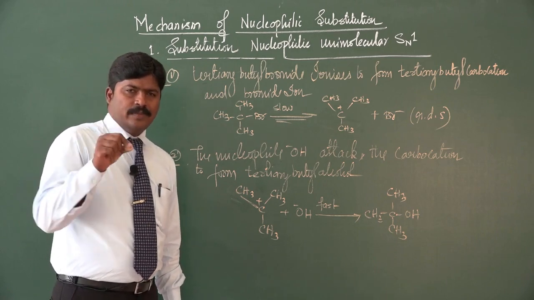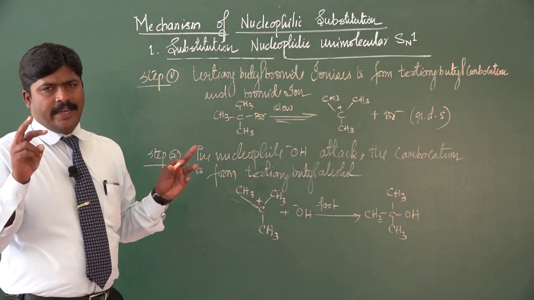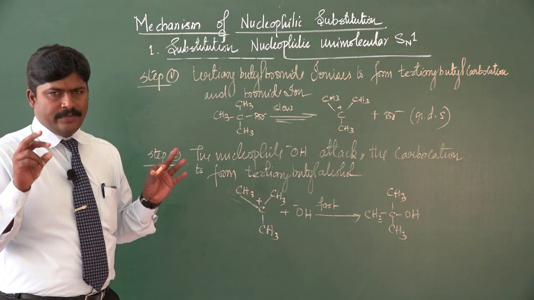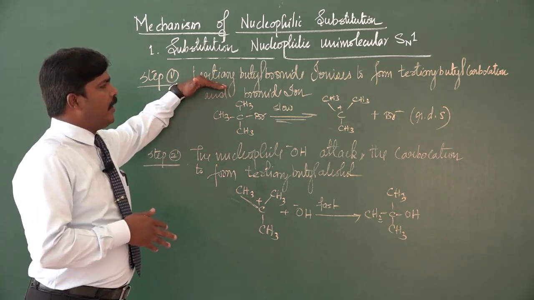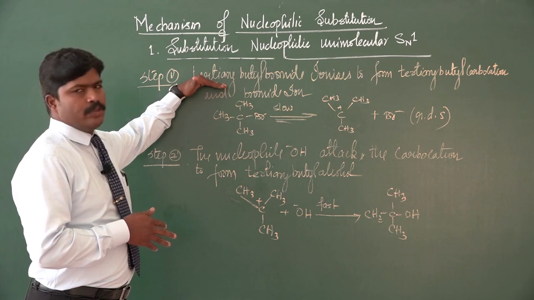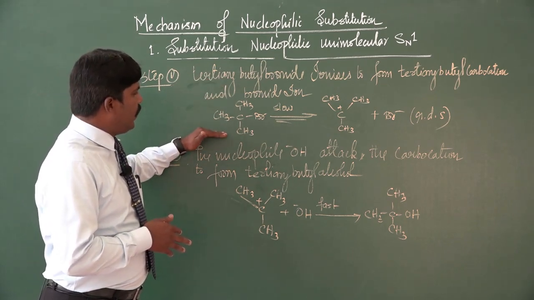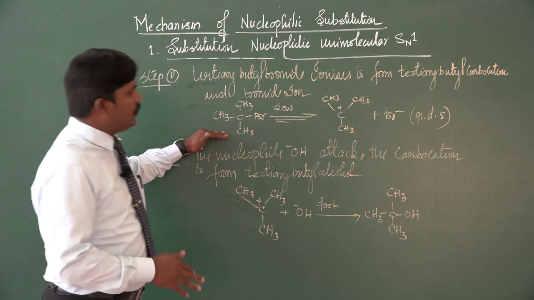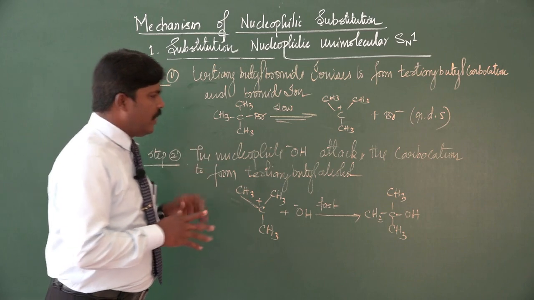It is an SN1 mechanism, a two-step mechanism, where we said the first step is that tertiary butyl bromide ionizes to form tertiary butyl carbocation and a bromide ion, and that is the RDS.